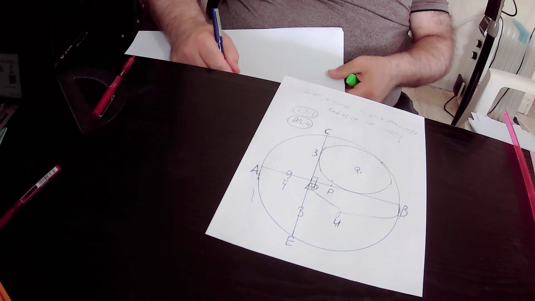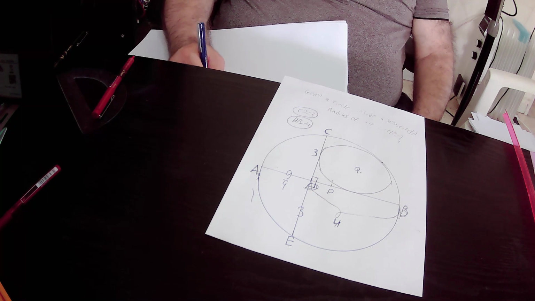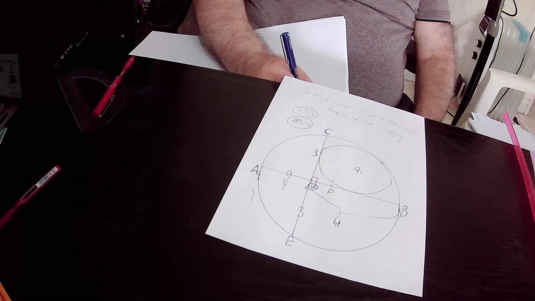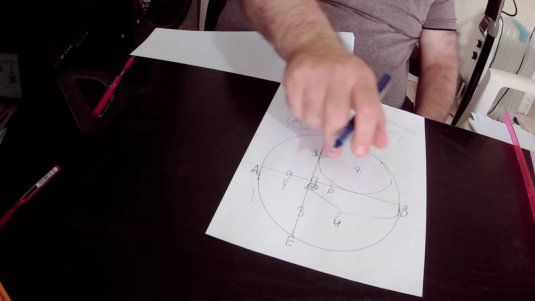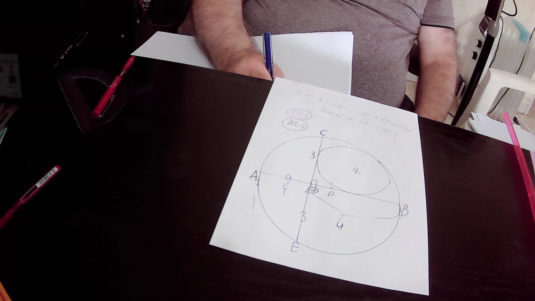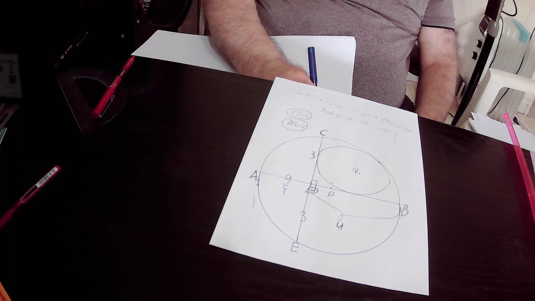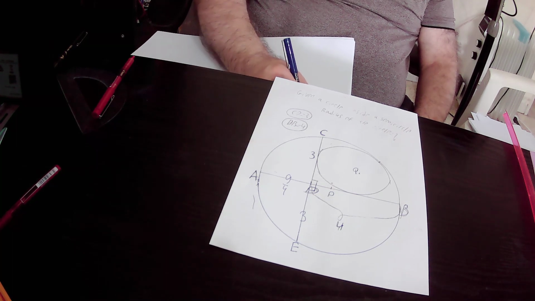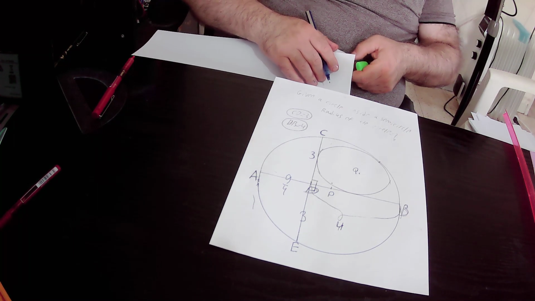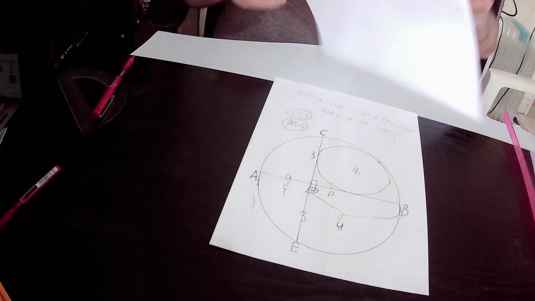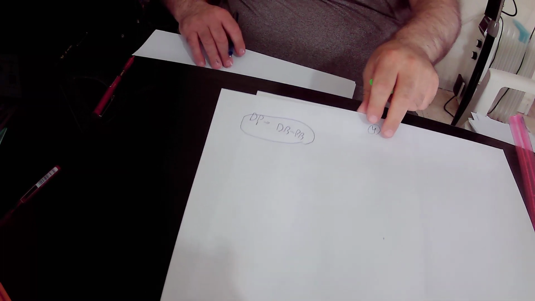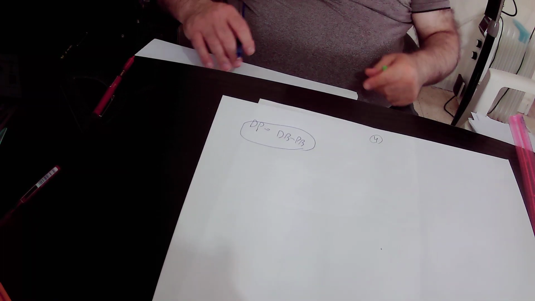So here, for the length of the short line segment DP, from the drawing it is very easy to say that DP equals DB minus PB. Yes, DP equals DB minus PB.